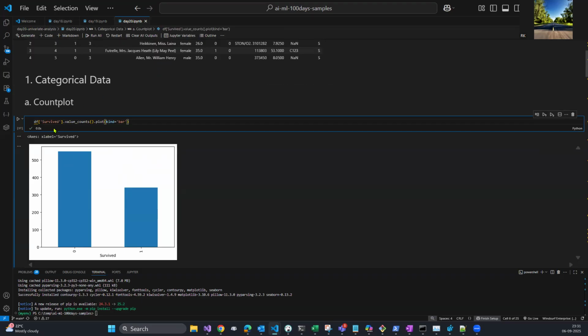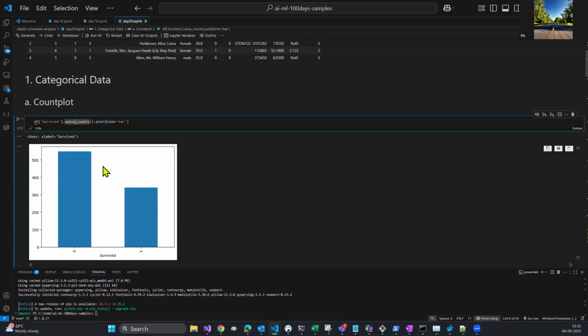For example, we have survived, and value counts, so total survived, and we are doing the bar plot based on the survived value counts.